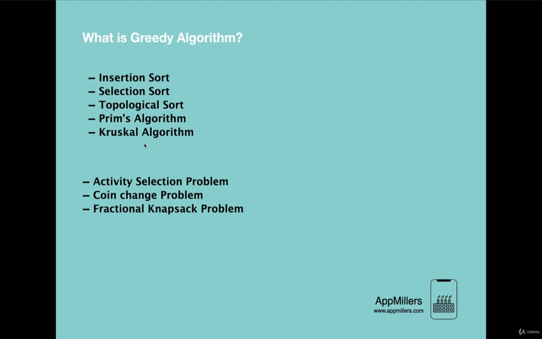Additionally, we will learn some other problems which can be solved using greedy algorithms. These are the activity selection problem, coin change problem, and fractional knapsack problem. Now in the next lecture, let's see how these algorithms work as greedy algorithms.